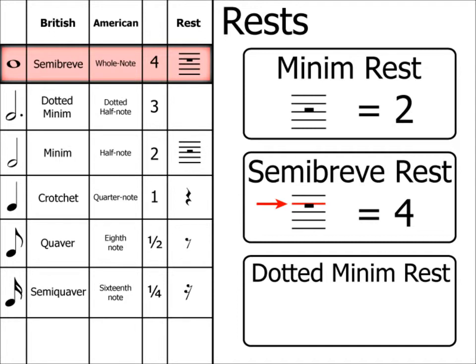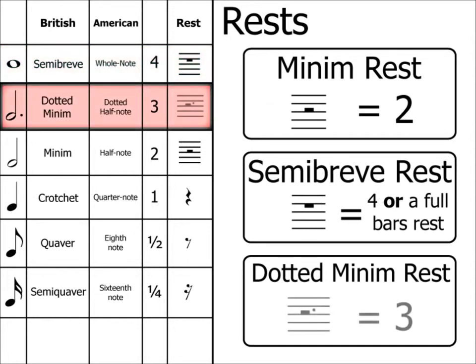A semibreve rest will only ever hang from the line which I've highlighted in red. An important feature of the semibreve rest is that it also represents a full bar's rest in almost every other time signature. There are a few exceptions, but if you see this, it means either a 4-beat rest or a whole bar's rest.